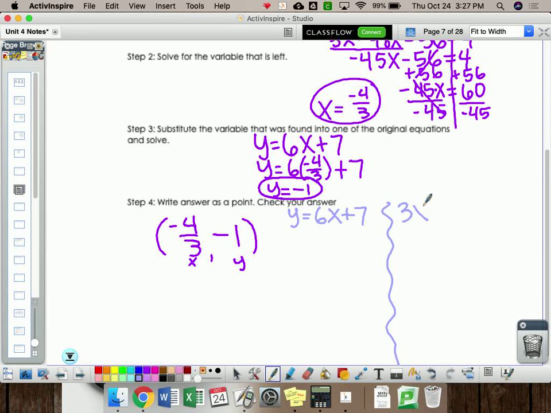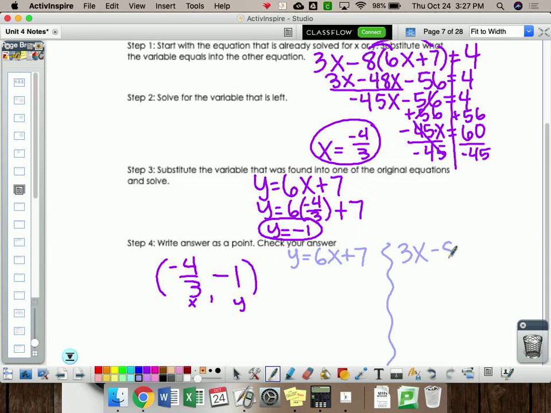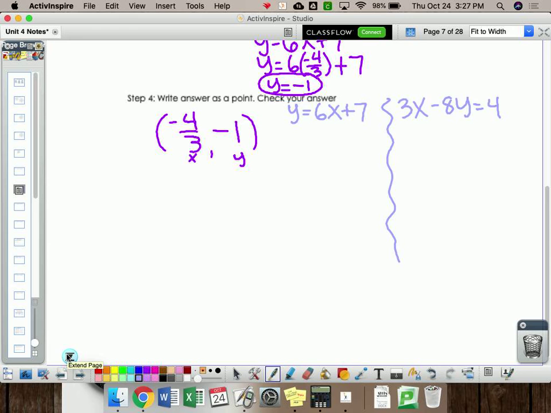So here's my other equation, 3x minus 8y equals 4. So let's plug in our x for as -4/3, and then our y we found was -1.